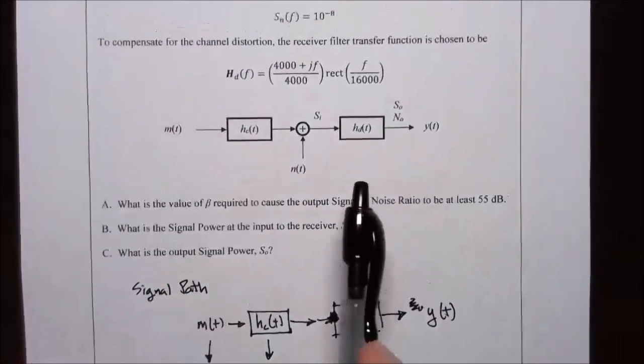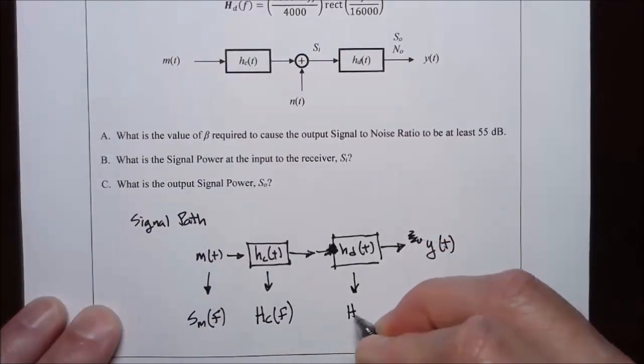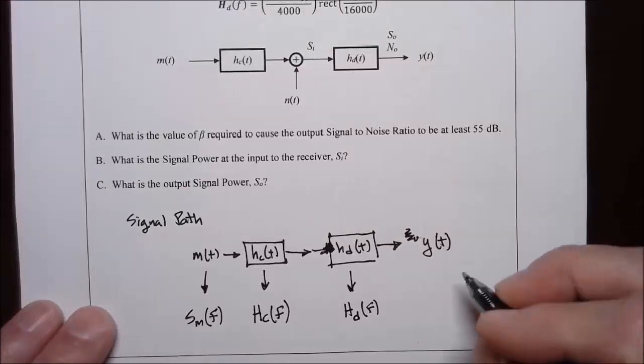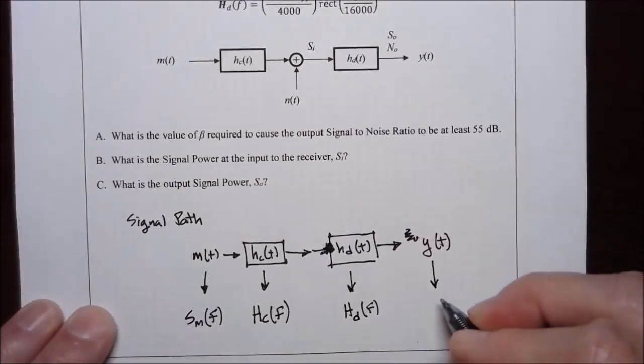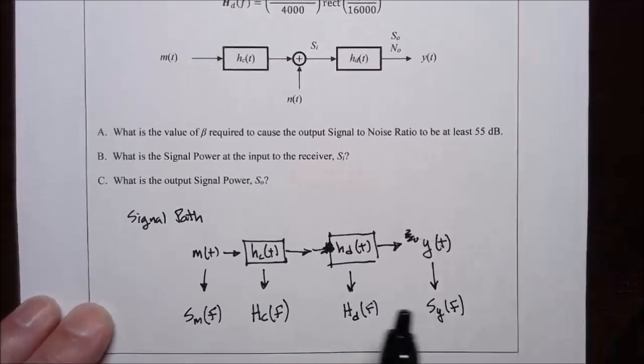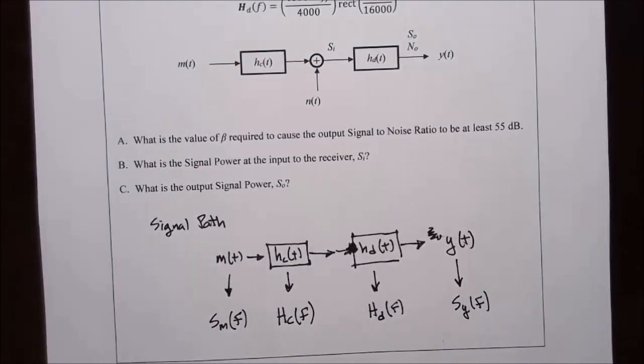We know the second linear system by its transfer function, and we will know the power spectral density of the output. Okay, so this gives us the result of the signal path.